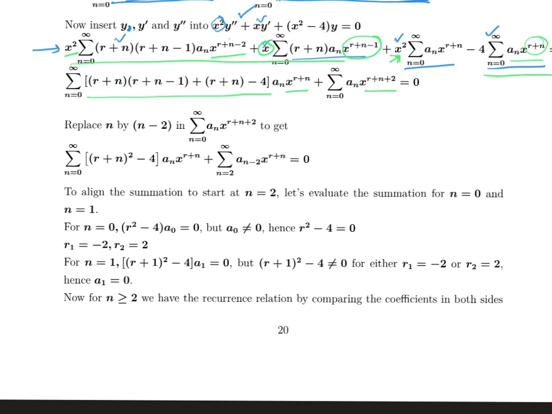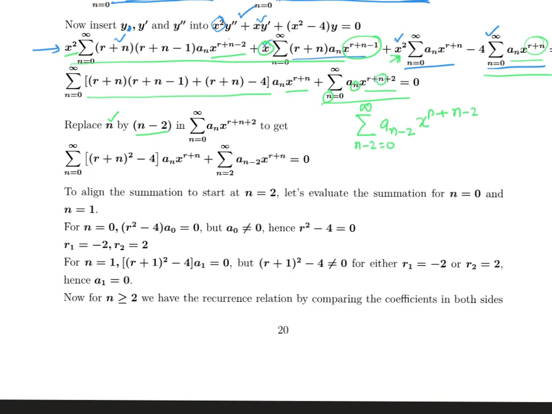And we can easily do so by doing a shift of the indices. The way we do it is basically by replacing n by n minus 2. So in this equation, I'm going to replace n by n minus 2. So what I'm going to get is this. This n is going to be now n minus 2 is equal to 0 to infinity, right? This a sub n now is going to be a sub n minus 2, and x to the power r plus n, but n is going to be n minus 2.